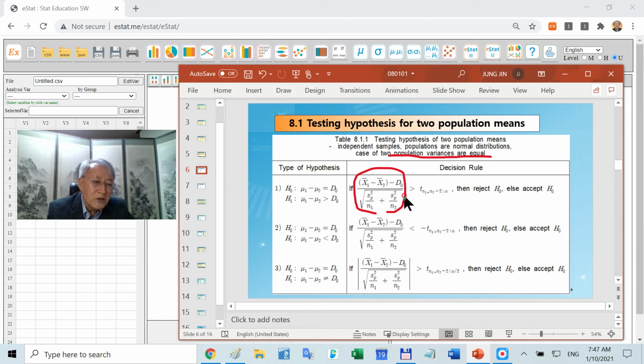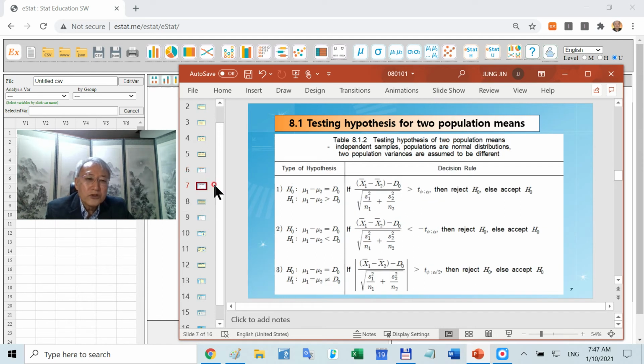Therefore, you normalize in this manner, and we use this kind of T distribution. Depending on the alternative hypothesis, you can have this critical value, or the negative of that value, or the absolute value is half of alpha. If you understand chapter 7, just by introducing the sampling distribution, you can immediately find this kind of formula.